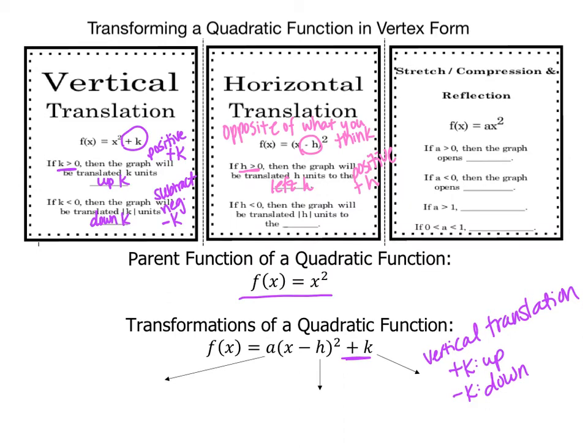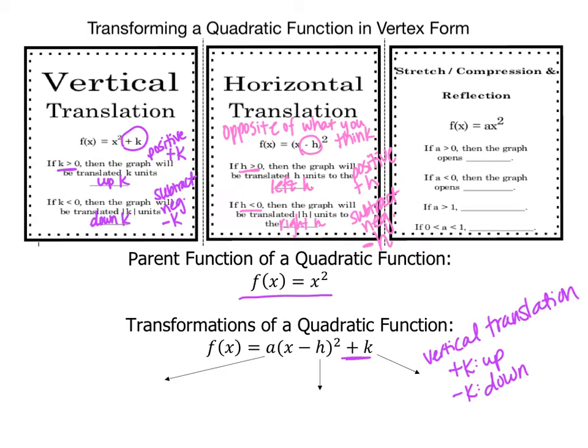Okay. If that h value is less than 0, so you can think of it as seeing a subtraction sign or a negative sign, if I have a minus h, then I'm actually going to be moving to the right h amount. So if I had x minus 2 squared, then I'd actually be moving to the right 2 units.